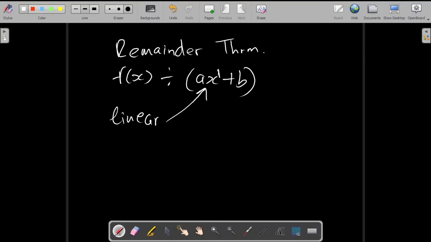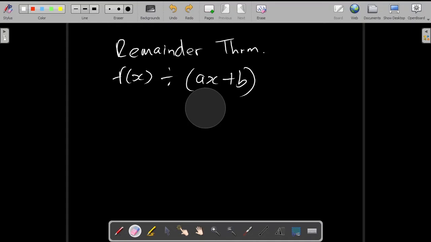So x has a power of 1. This theorem only applies when you're dividing by a linear polynomial.